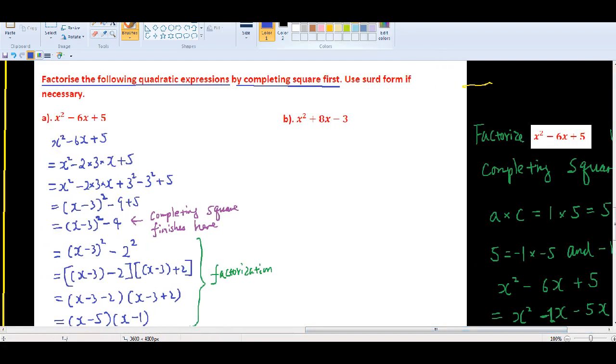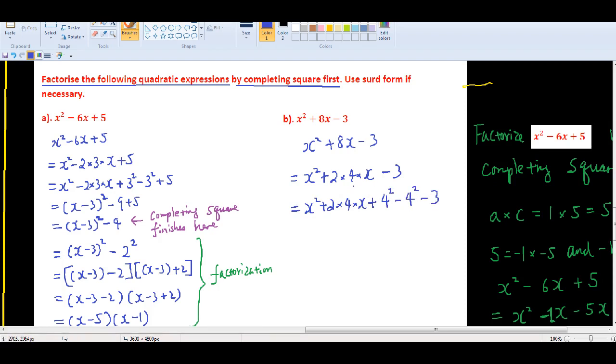Okay, let me show you. Okay, x squared plus 8x minus 3. What happens here? Let's see, x squared plus 2 times 4 times x. So what you need to do now is plus 4 square minus 4 square minus 3.